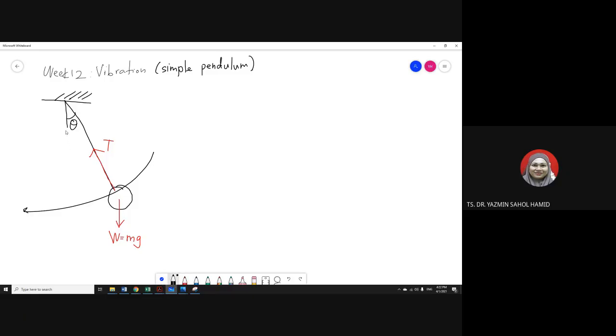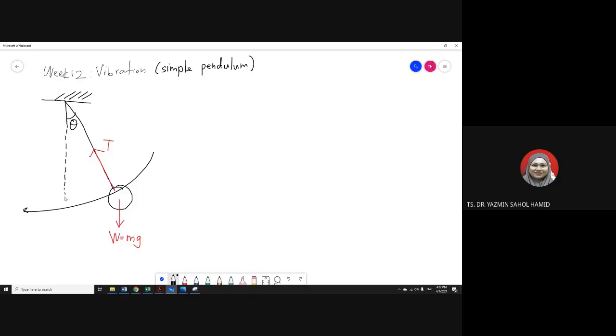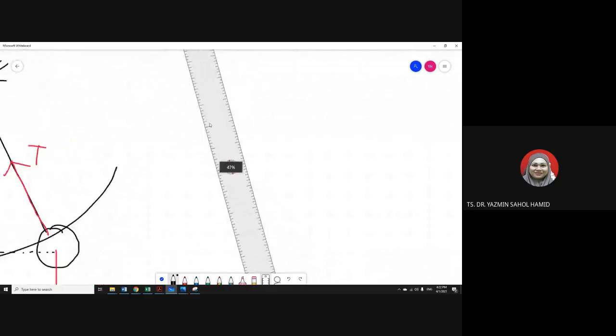So let me just extend this. Make sure your diagram is a straight line. Ya Allah, my diagram disaster. It's not a straight line. Make sure yours is a straight line. So if this is theta, if this is 90 degrees, oops, memang kena pakai pembaris kot.